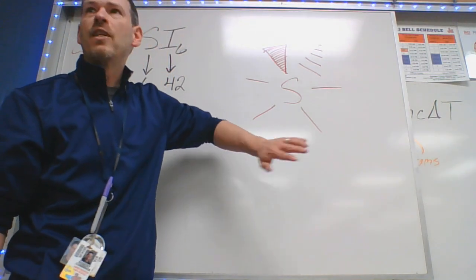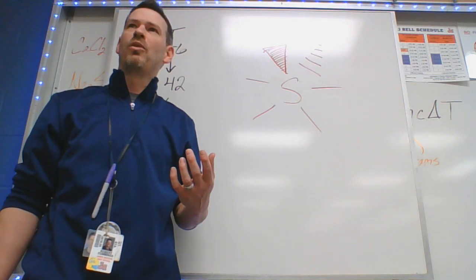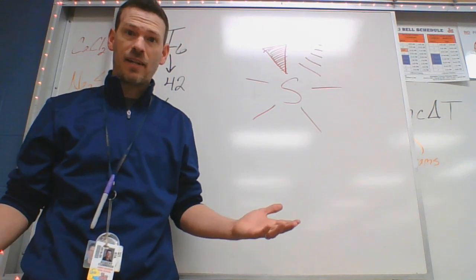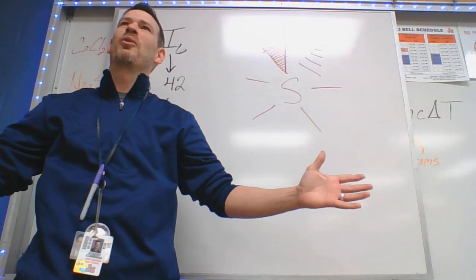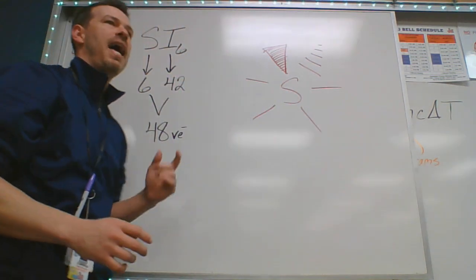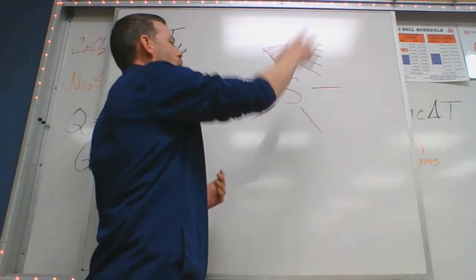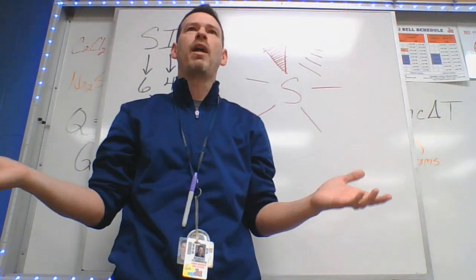Us drawing on this whiteboard is not a representation of the real world because we don't live in a flat world, luckily. We live in this beautiful three-dimensional world. So if I were to take the sulfur hexaiodide off of the board and show it to you, it wouldn't just be going left, right, up, and down.